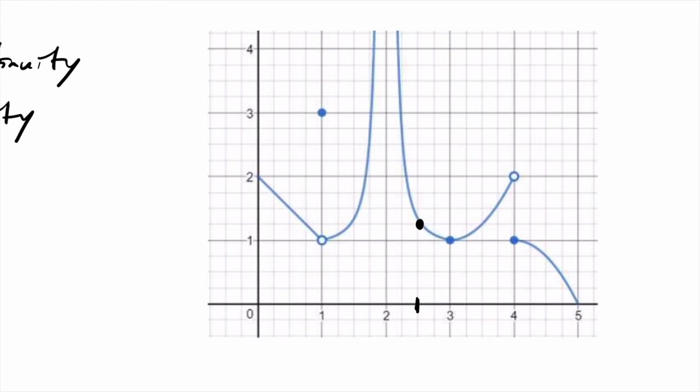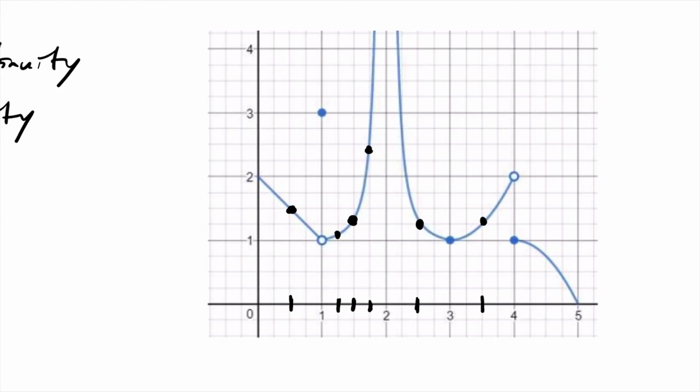How about at 3.5? How about at 0.5? How about at 1.5? How about at 1.25? How about at 1.75? You see what I'm doing here? There's an infinite number of things I could do all day and all night, forever.